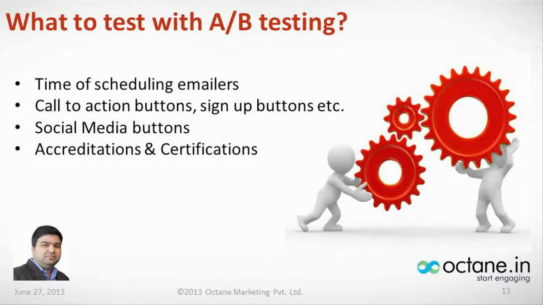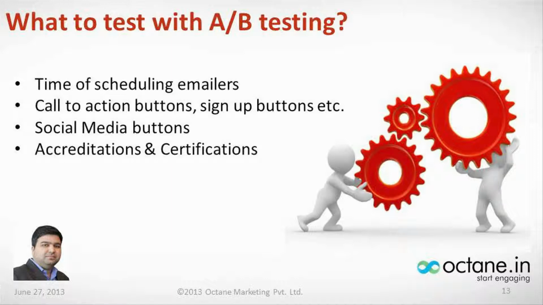So you can do a mailer in which you have all your accreditations and certifications, like a VeriSign seal, or a trust seal that you would like to portray in the mailer to say that your transaction is absolutely secure here, and that can also be done. You do that vis-a-vis a mailer which does not have all these accreditations, to find out which one works better. And what we've seen is that giving that trust seal definitely gives you a boost, and that can be used.